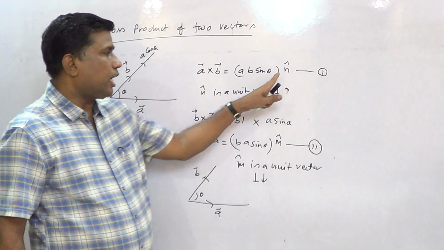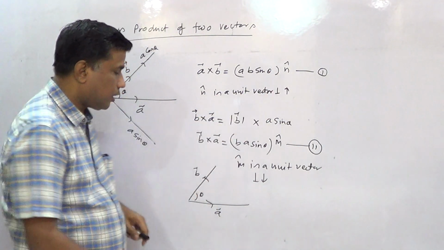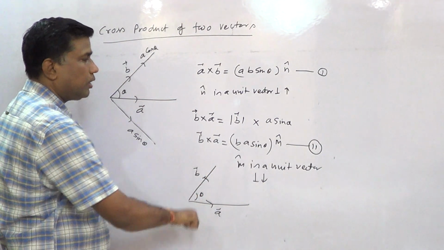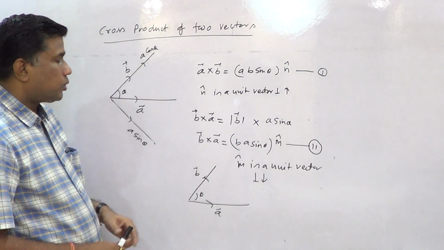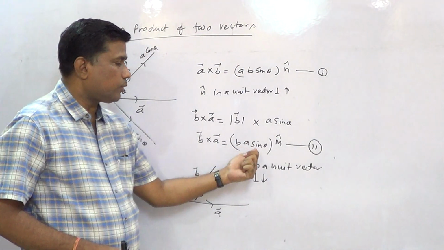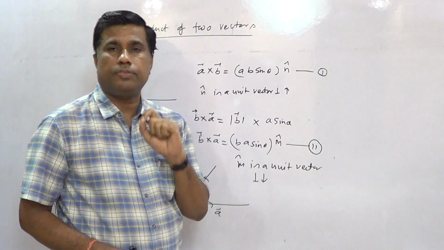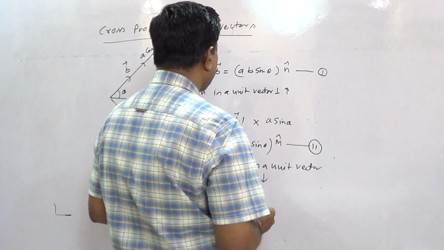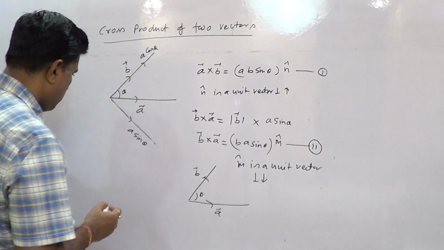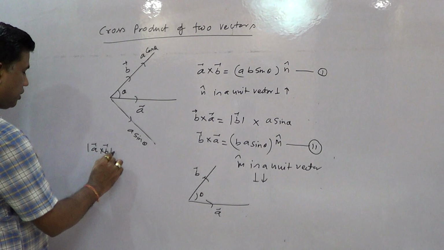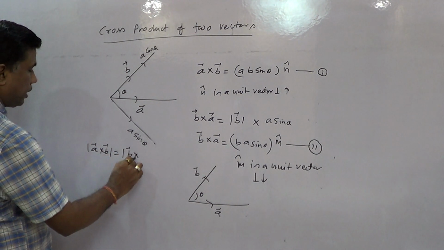So this n cap is a unit vector perpendicular outward, and this m cap is a unit vector perpendicular inward. Student, their magnitudes are same. The magnitude of A cross B is equal to magnitude of B cross A, but directions are different. So we can write that mod of A cross B is equal to mod of B cross A.